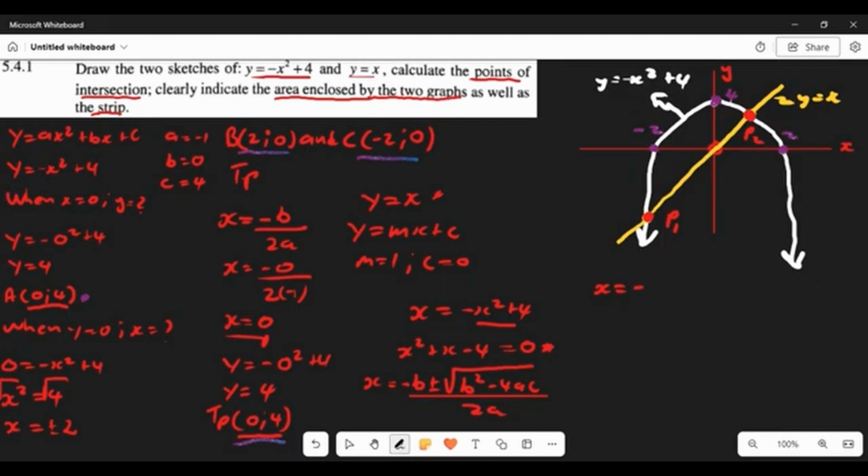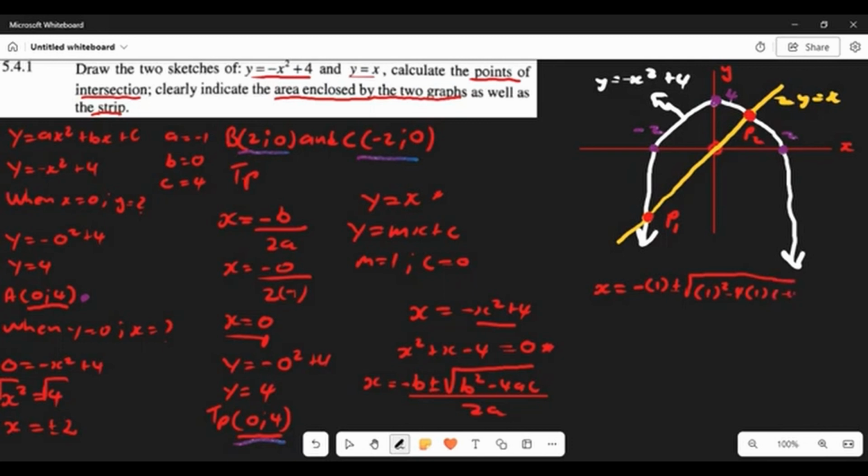So we can say negative, and wherever there is b, we say 1, plus or minus the square root of b squared, but b is 1, so 1 squared minus 4, multiplied by a. In this case a is the coefficient of x squared, which is also 1, so we substitute 1, multiplied by c. Our c is our constant, which in this case is negative 4.